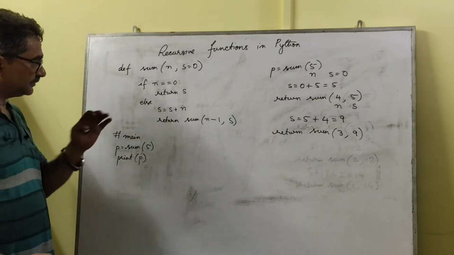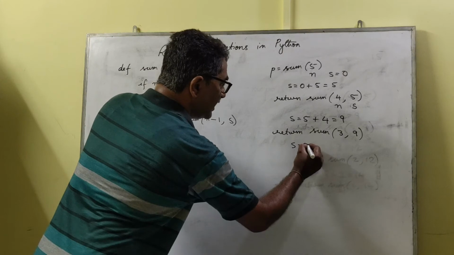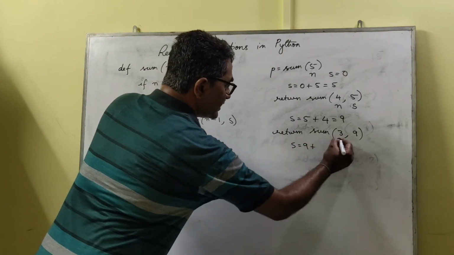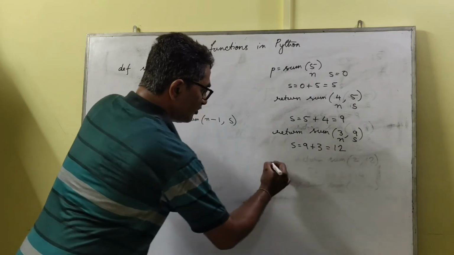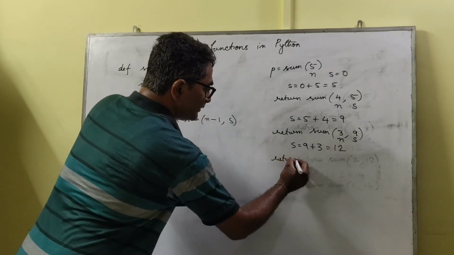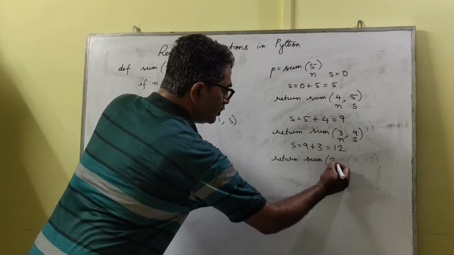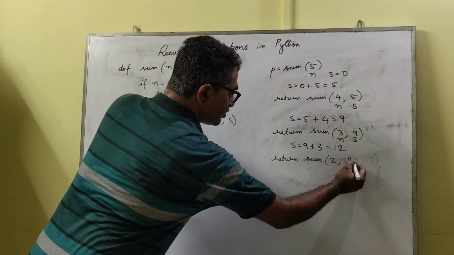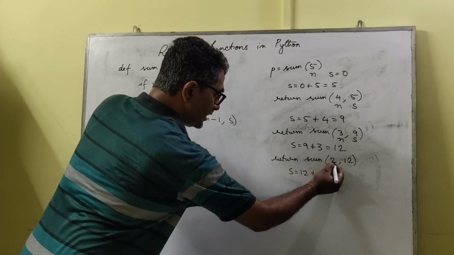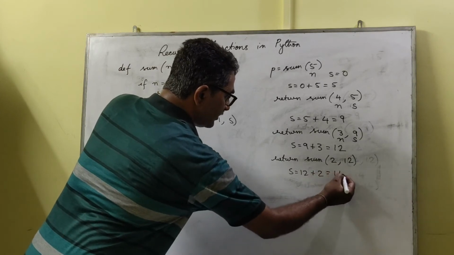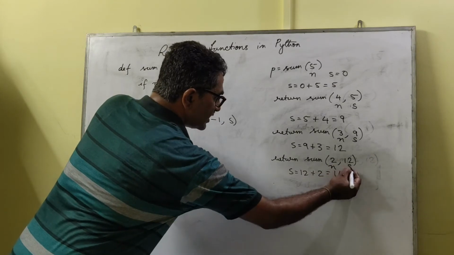Now once again it directly jumps to the else part. s equal to s, s was 9 plus n, this is n and this is s, remember, which happens to be 12. So once again return sum n minus 1, that is 2 comma sum, this time it's 12. So here s equal to s, s was 12 plus n 2, which happens to be 14, and this was my n and this was my s.